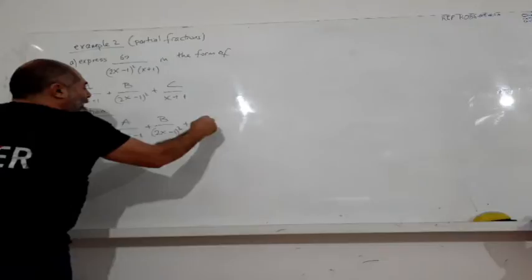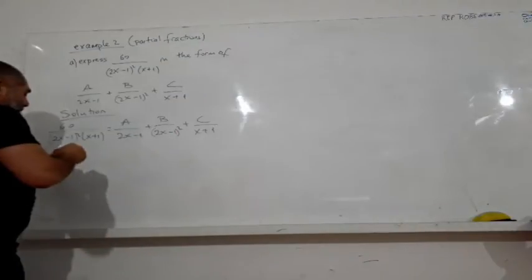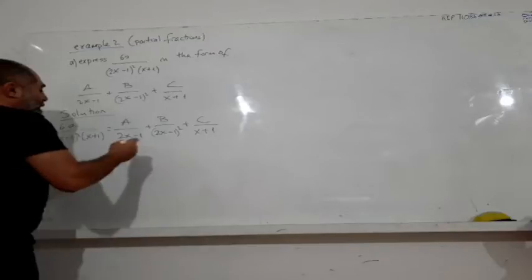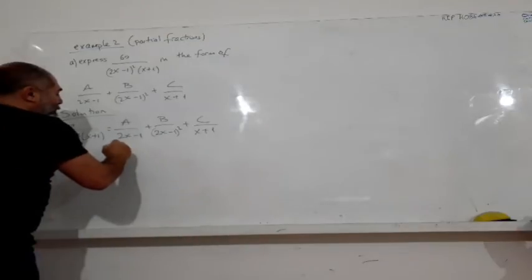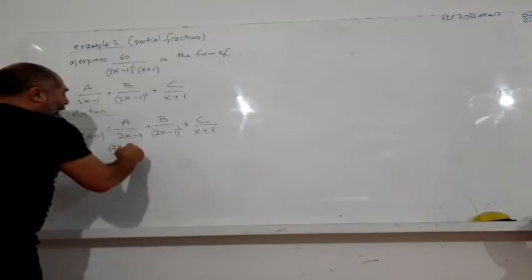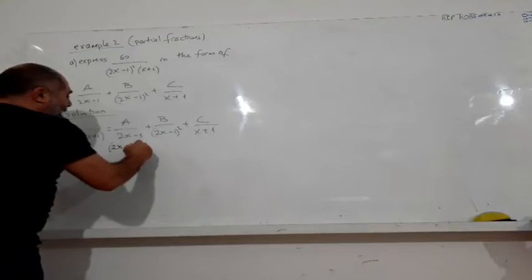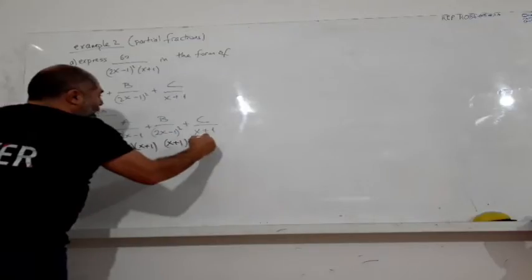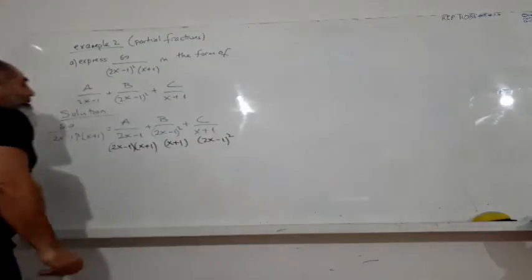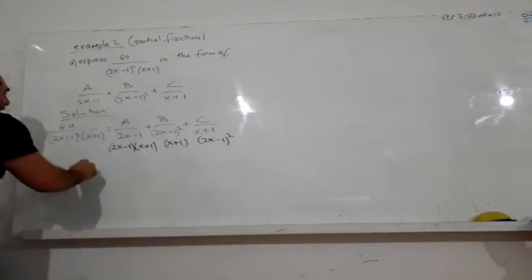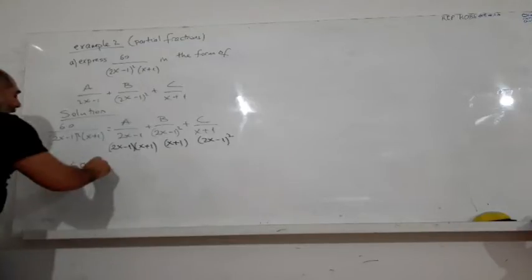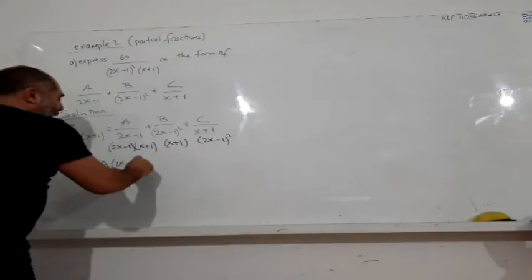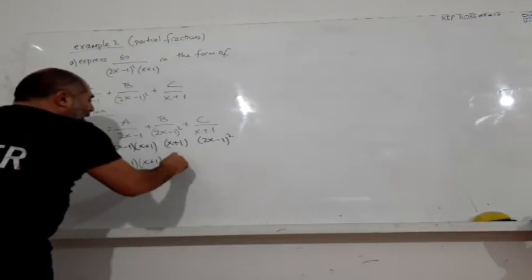We have to equate the denominators. I am going to multiply this one by (2x minus 1)(x plus 1), that one by x plus 1, and that one by (2x minus 1) squared. So 60 is equal to a(2x minus 1)(x plus 1) plus b(x plus 1) plus c(2x minus 1) squared.